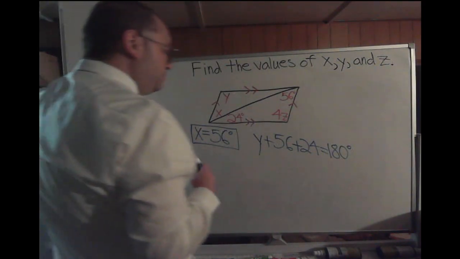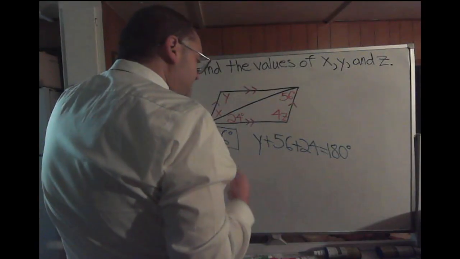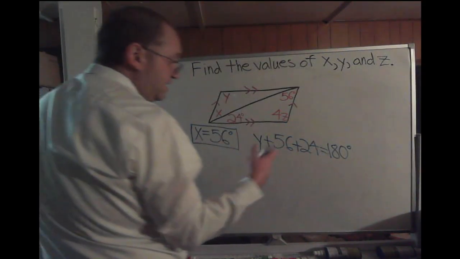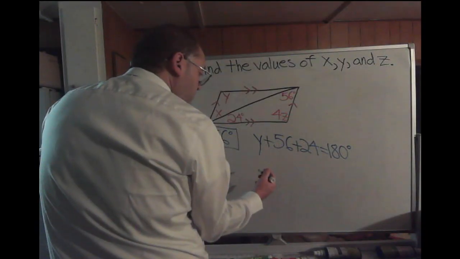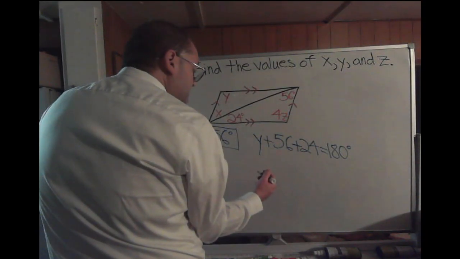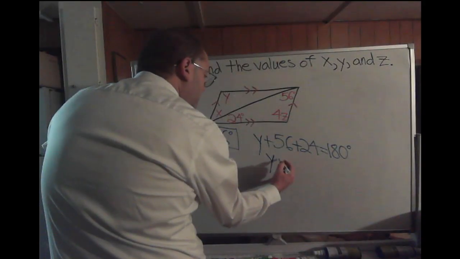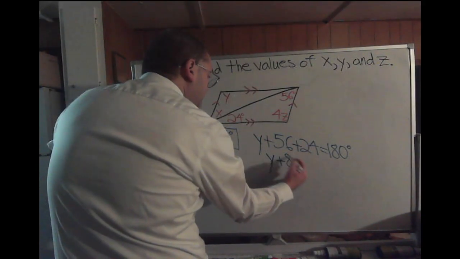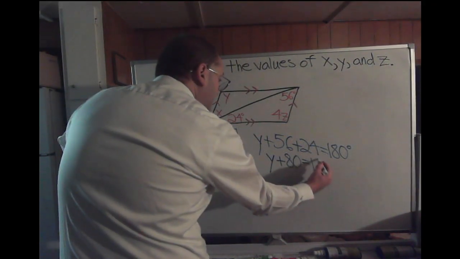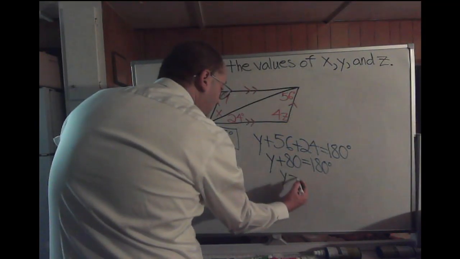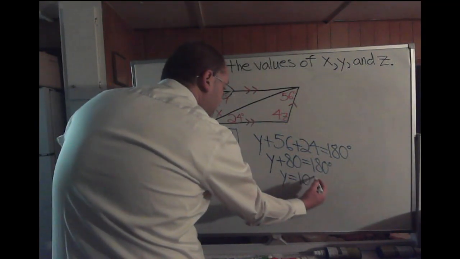Alright, so what we have now is y plus 56 plus 24 equals 180. 56 plus 24, that's going to be 80, so let's see. Y plus 80 equals 180 degrees, which therefore would make y equal to 100 degrees.